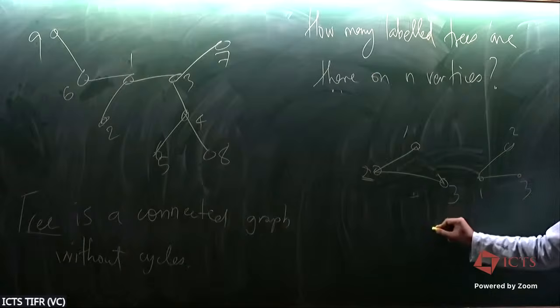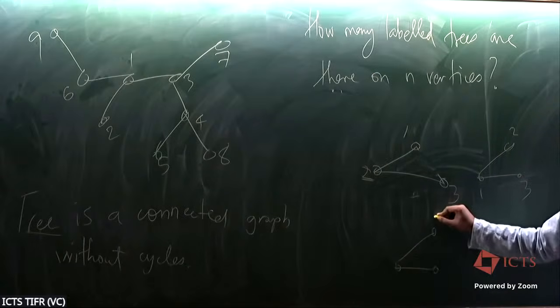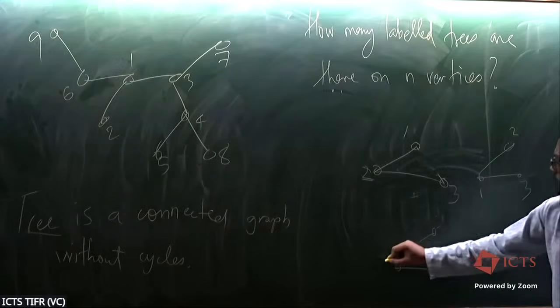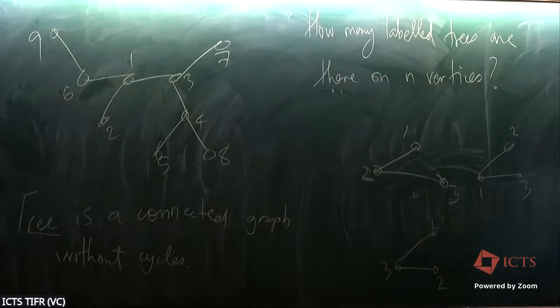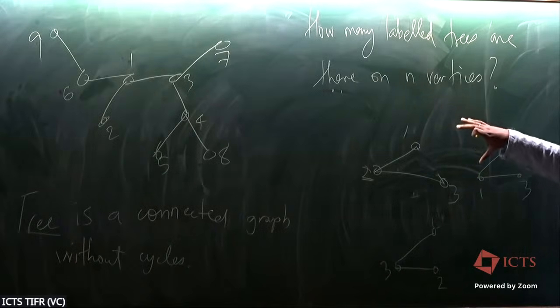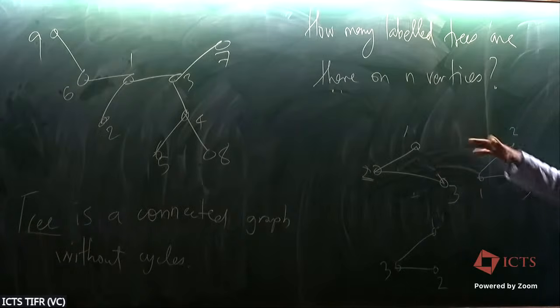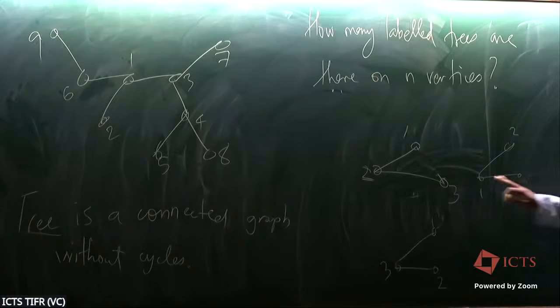You could also do 3 here, correct? 3, 1, 2. Because if I swap 1 and 3, it's the same tree in some sense. You're seeing that, right? It just depends on whether I draw it like this or like that. So up to these kinds of redrawings, which don't really fundamentally change it, how many labeled trees are there? That is the question. Okay, so for here you are getting 3.